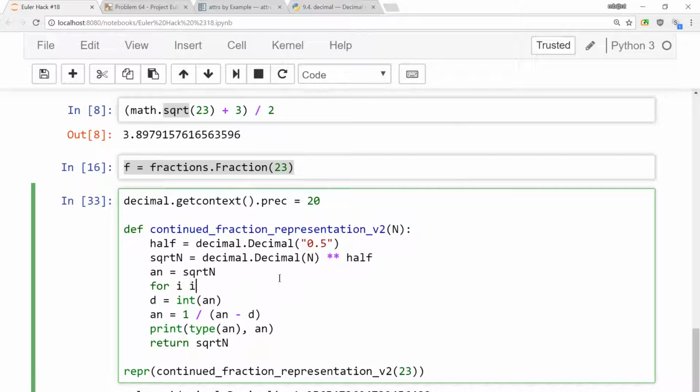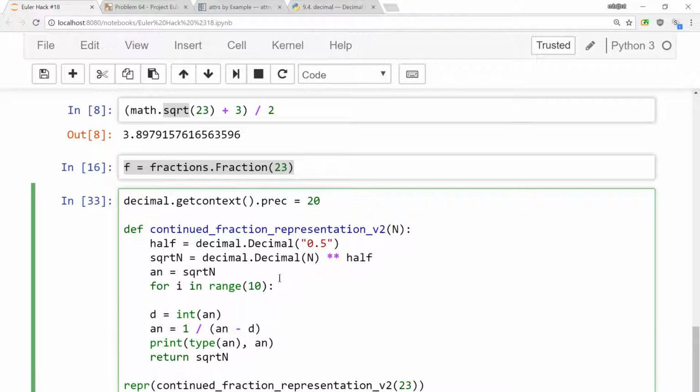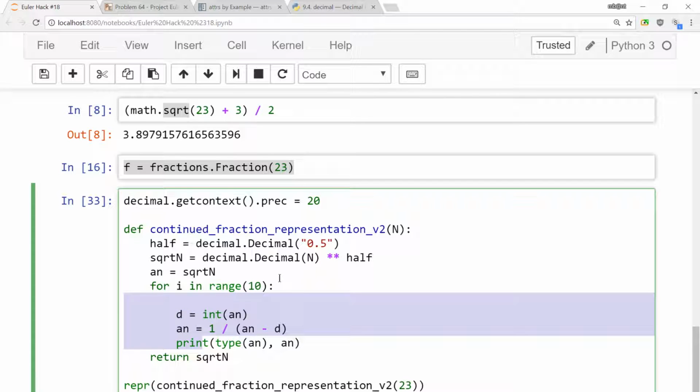For i in range, I can type 10, I don't know.